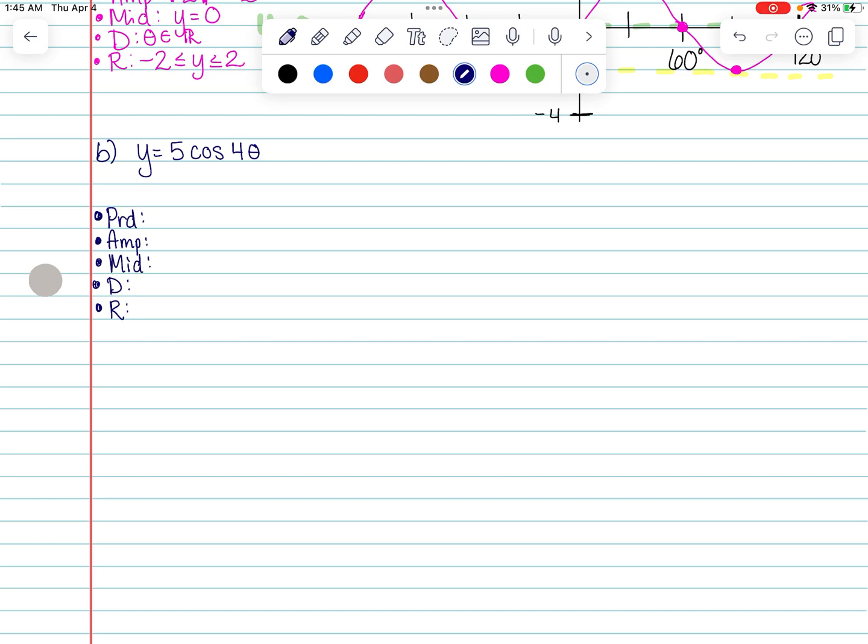Period. Typical period for cosine is a full circle, or 360 degrees. We're going to divide that by the 4. That's the b value. That's what we divide to get the period. 360 divided by 4 is 90.